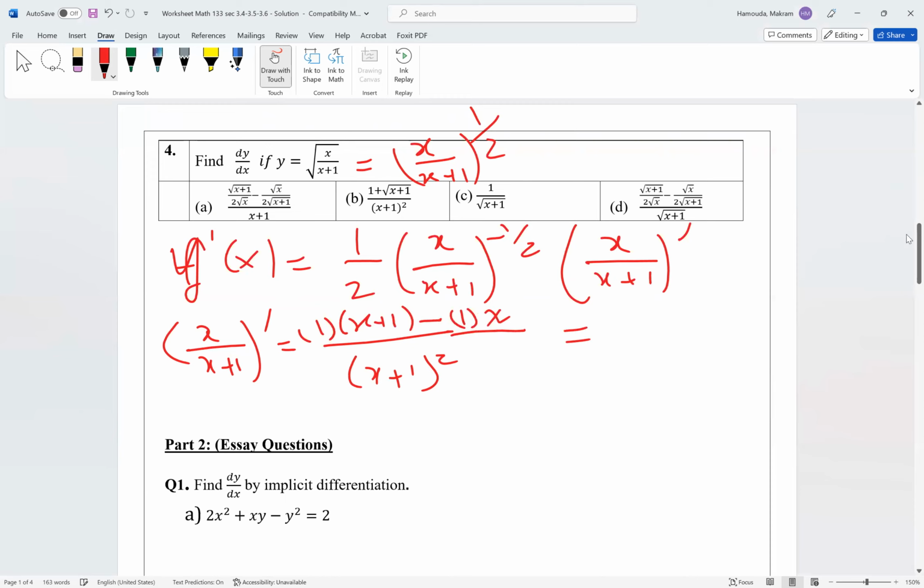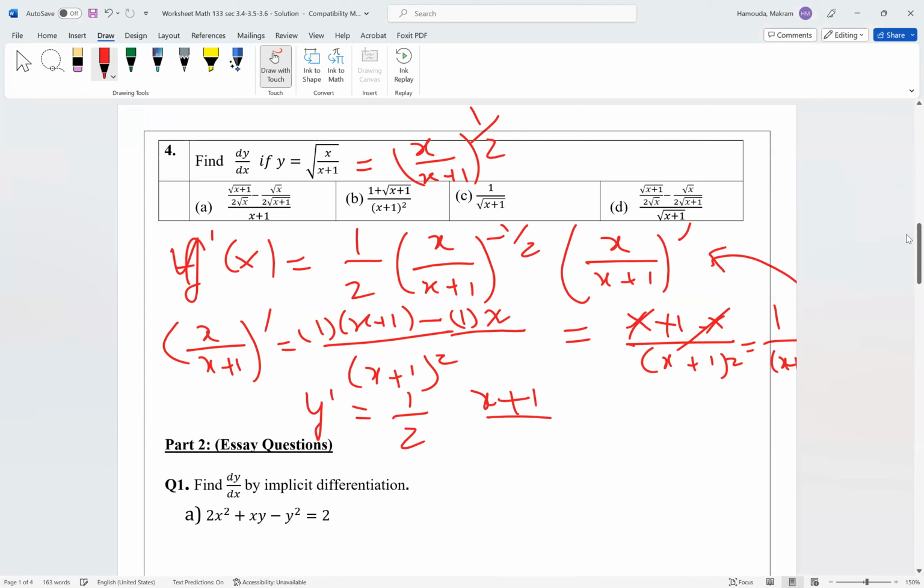So in total, I will have x plus 1 minus x over x plus 1 squared, which is equal to 1 over x plus 1 squared. I will plug this into the result here. Then I will find y prime is equal to 1 over 2, times x plus 1 over x, power half, times 1 over x plus 1 squared.